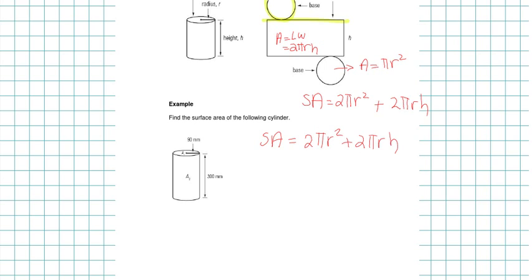So the radius is 90: 2 pi times 90 squared plus 2 pi times 90 times 300. If you have a good calculator, you should be able to put all of this in exactly as it looks.